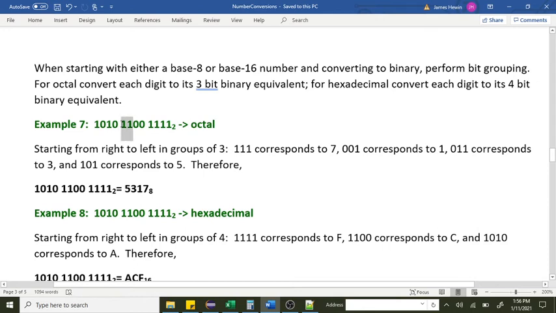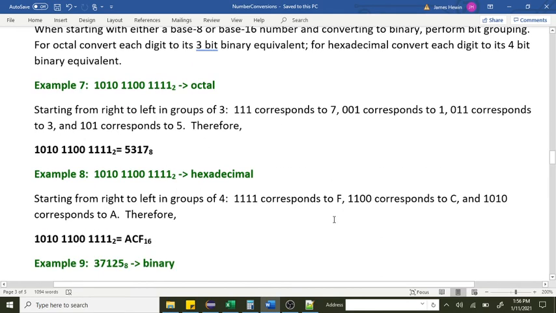The next grouping is going to be 011, which corresponds to 3, and that just leaves me with 101, which corresponds to 5. And so this number, 101011001111, corresponds to 5317.